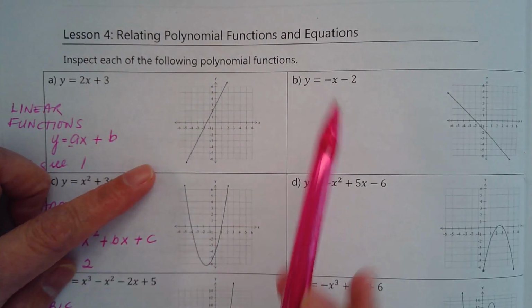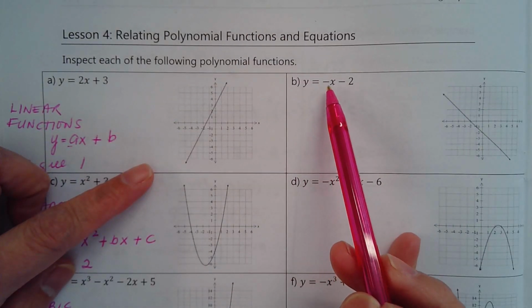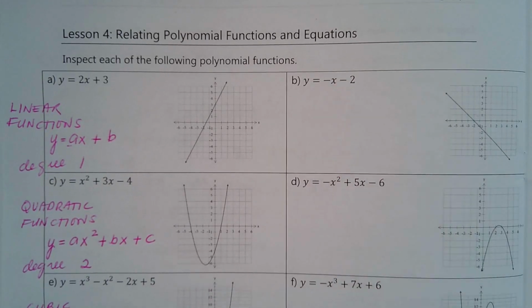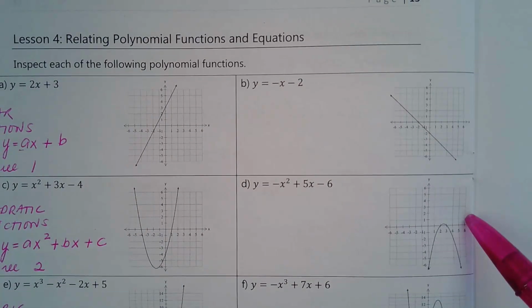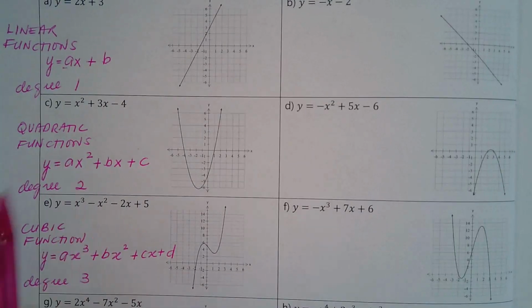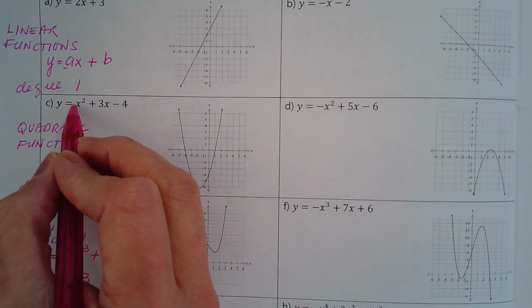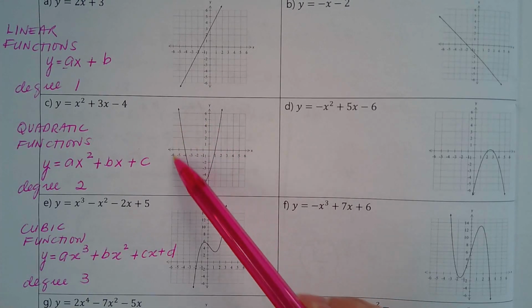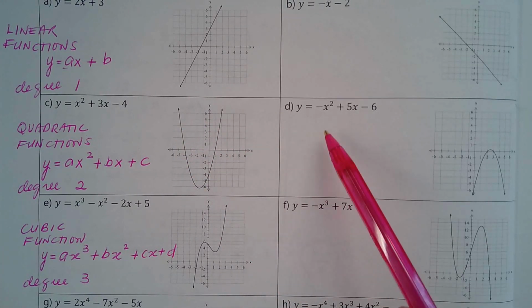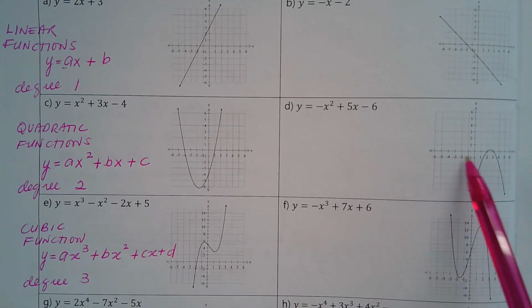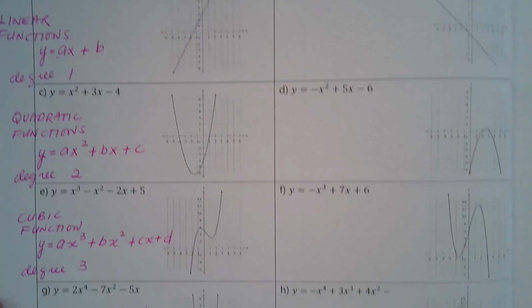What about this one here? The leading coefficient is -1. And if it's -1, it goes down, decreasing. Okay, good. This one here, the leading coefficient is positive, so that means it opens up. This is a negative leading coefficient, it opens down. Okay.